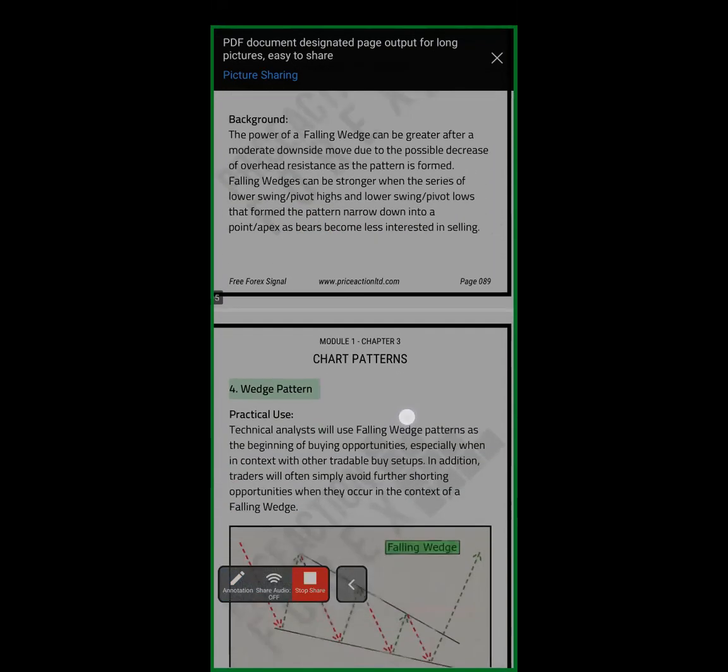All right. They said that you can see an example here. They say technical analysts will use the falling wedge pattern as the beginning of buying opportunities, especially in the context of other tradable buy setups. Just like I said, when you see a pattern and another pattern inside it, both trying to identify the same direction, that brings you closer to your level.